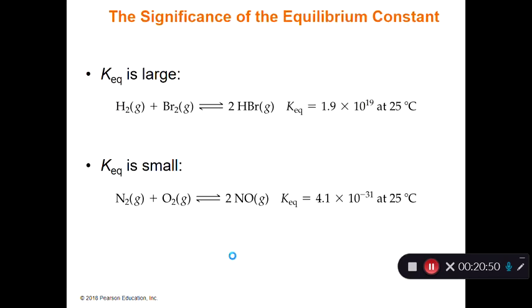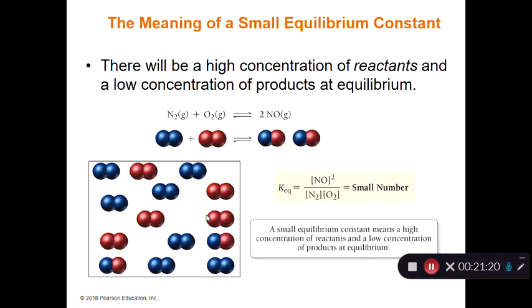Look at this: this number is too large, so it means we have more products. This reaction mostly happens by the forward reaction. We are going to produce HBr. This number is too small, meaning more reactants. Between these two reactions, the system prefers the reverse reaction. It's going to go back and produce these reactants. That is why we say the reverse reaction is favored.